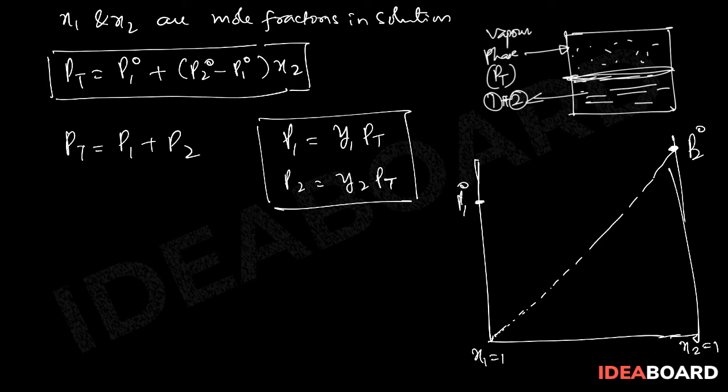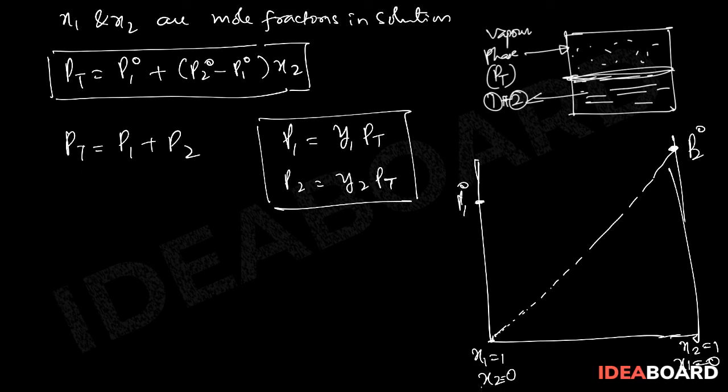Here it's x2 equal to 0, here x1 equal to 0. So if x2 equal to 0, then it should be purely P1. In that way it will have 0 vapor pressure from the second component. If it is only x2, that means it will have total pressure as its own P2 naught.